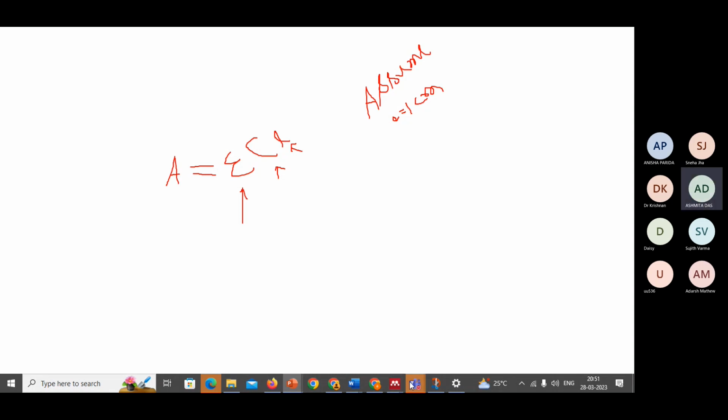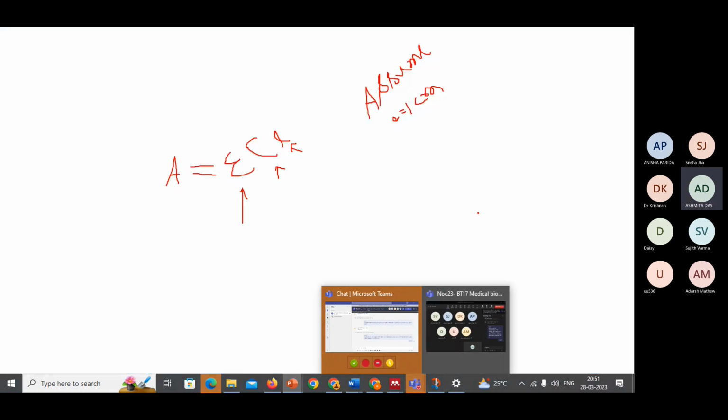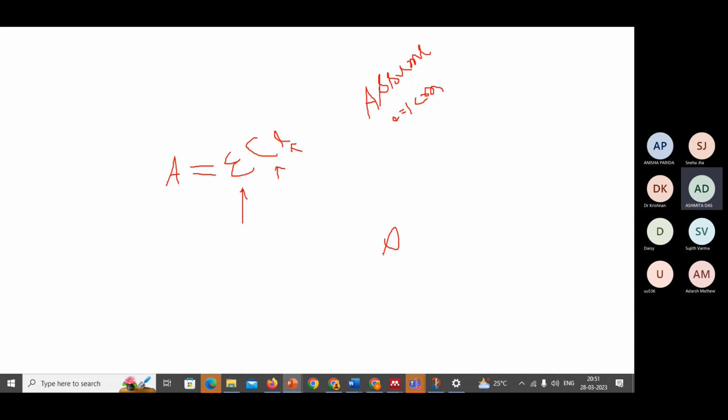Okay. So now if we put in the question directly, it comes as A equals, can anyone tell me what is the absorbance in the question? Absorbance comes as 0.05, 0.05 divided by 14,500 into 1.